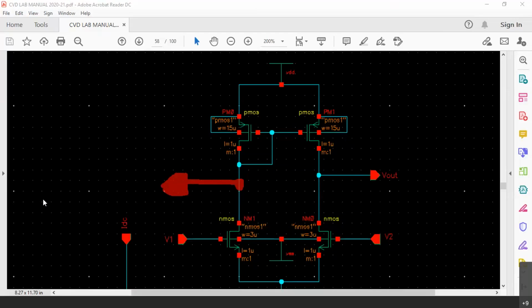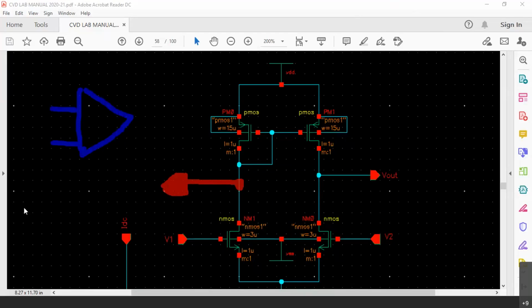Let me try to help you. Let me write the differential amplifier symbol now. This is the symbol I am writing.